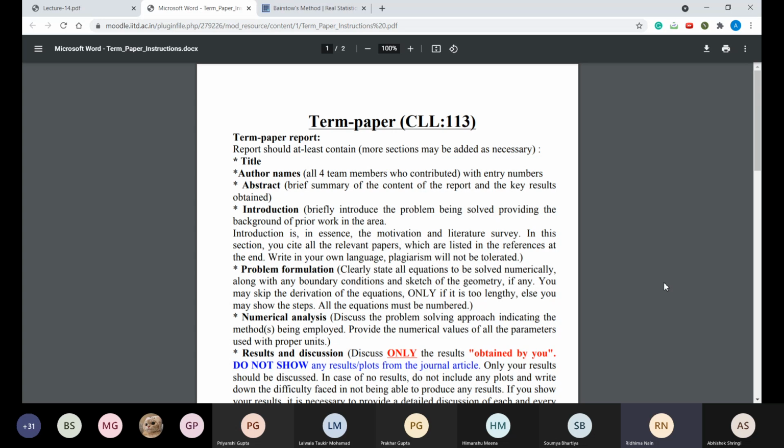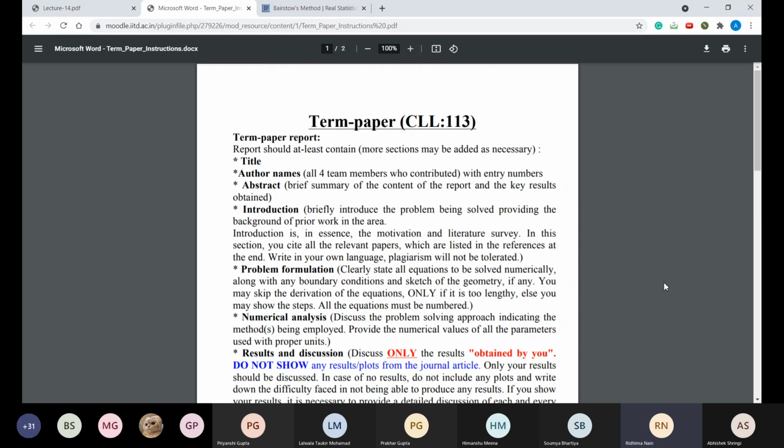Firstly, you need to find an appropriate research article that you think you would be able to replicate, and that has the potential for extension, some future scope, or something you can do on your own related to that problem statement or research topic.